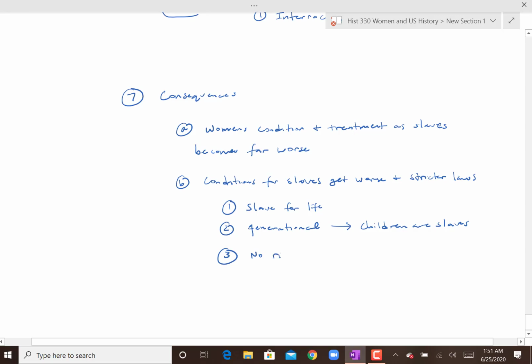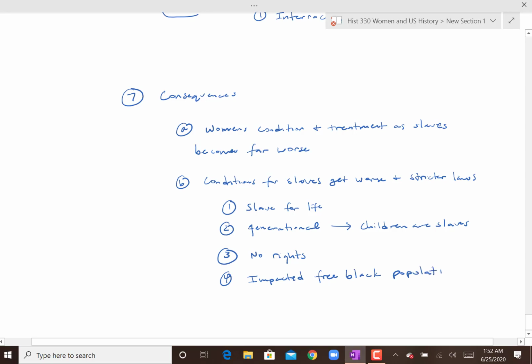There were no rights anymore. With that transition, they removed all of the rights for owning, making money, free time, all of those that we listed early on, they went away. And not only that, it impacted the free black population, because it was a race-based system.